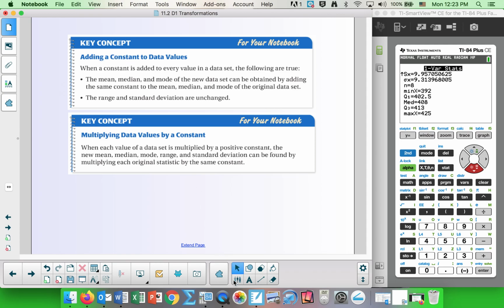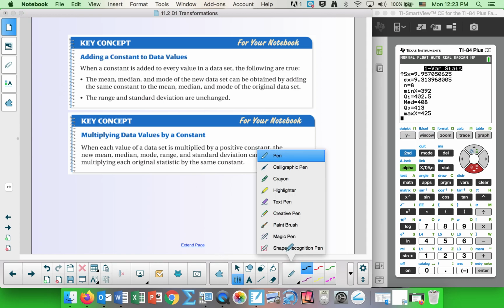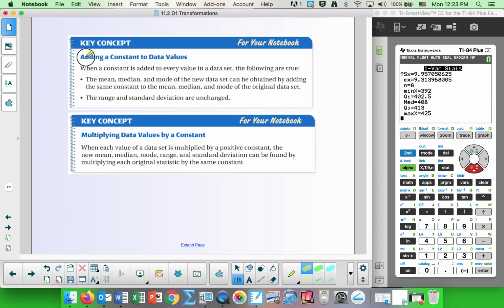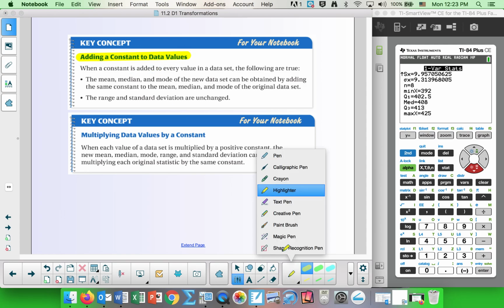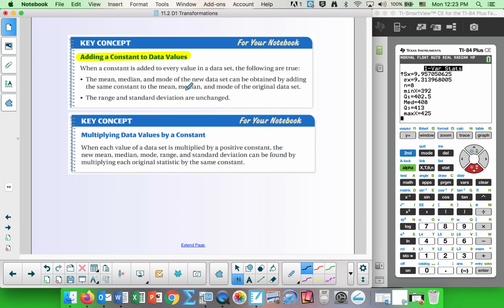When adding a constant to data values, all right, when a constant is added to every new data set, the mean, median, and mode of the new data set can be obtained by adding the same constant to the mean, median, mode. Notice range and standard deviation are unchanged.